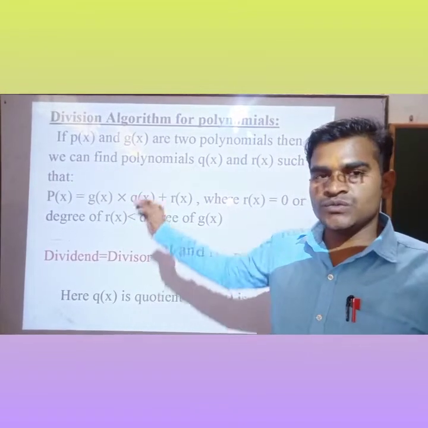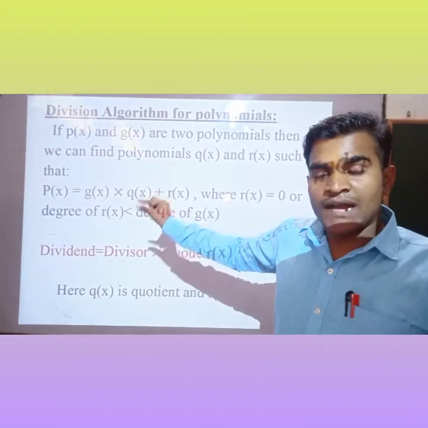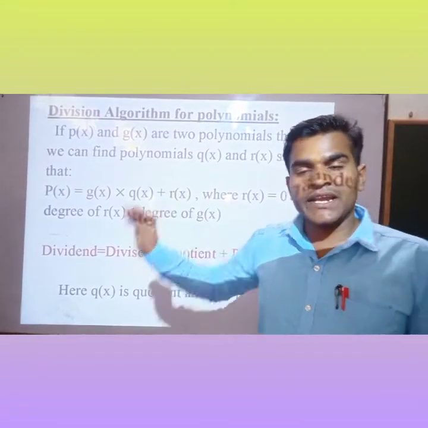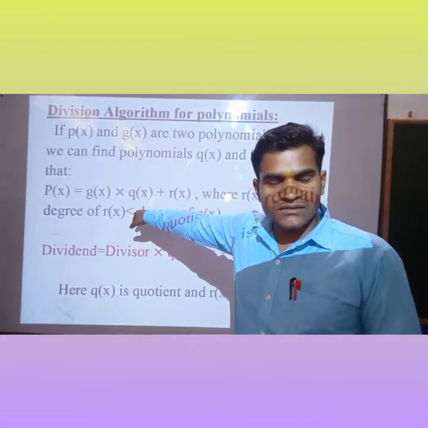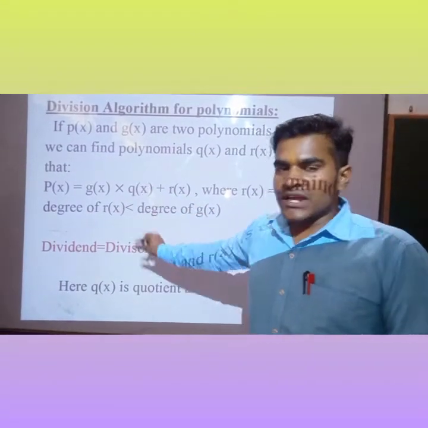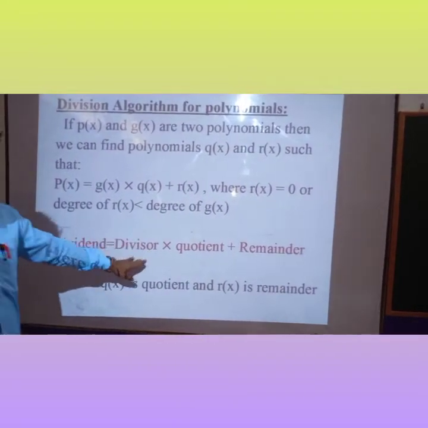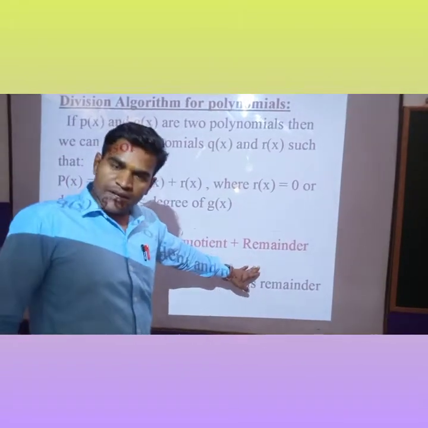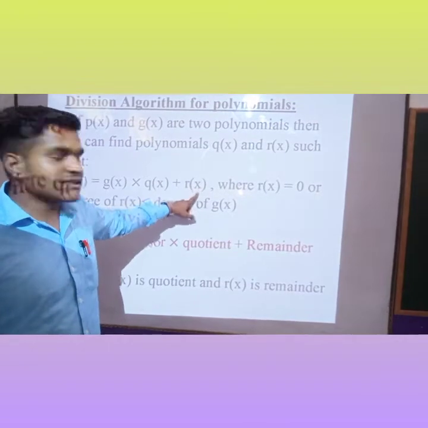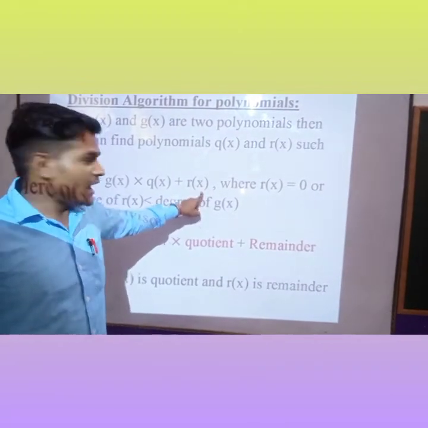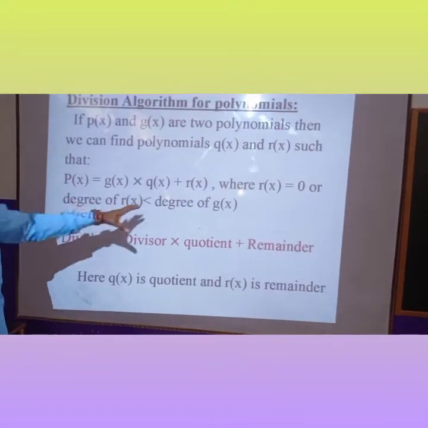P(x) is equal to G(x) into Q(x) plus R(x), where R(x) is equal to 0 or the degree of R(x) is less than the degree of G(x). As we know, dividend is equal to divisor into quotient plus remainder, where Q(x) is the quotient, R(x) is the remainder, G(x) is the divisor, and P(x) is the dividend.